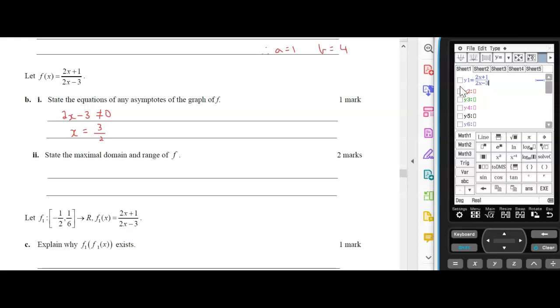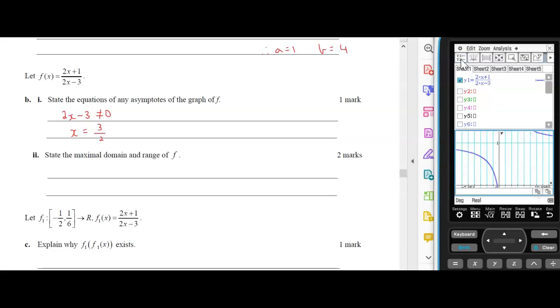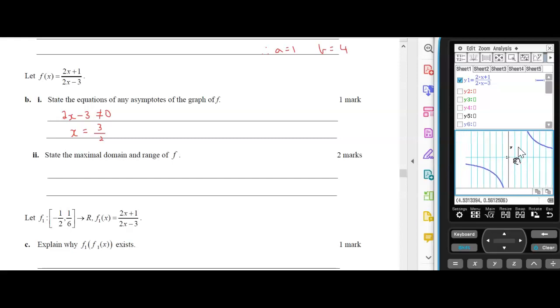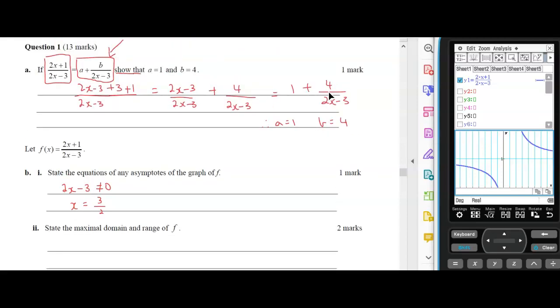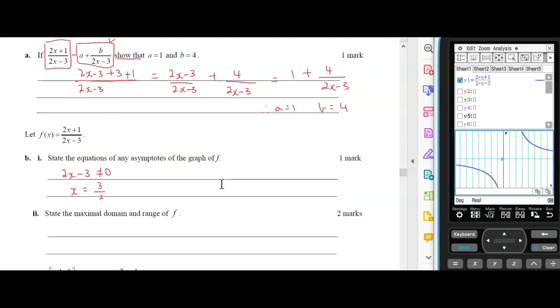Let's quickly graph it. You can see you're going to have two asymptotes. You can look at it on the graph if you like, but remember what we did in part 1. We know that the graph has been shifted up 1, so you have an asymptote at y equals 1 as well.